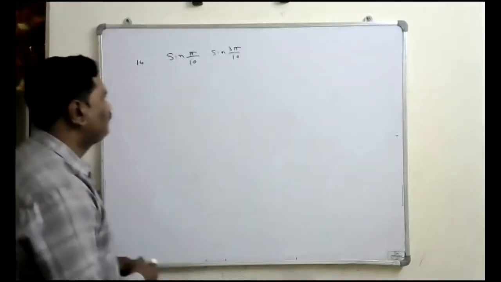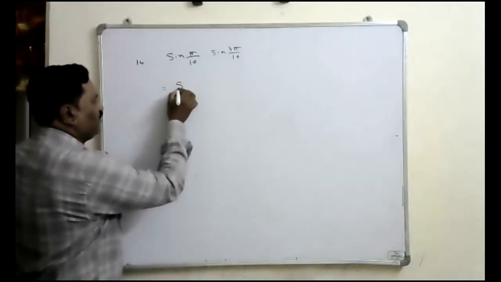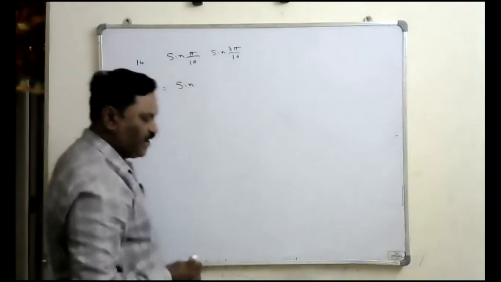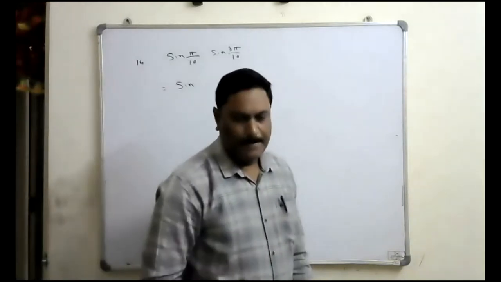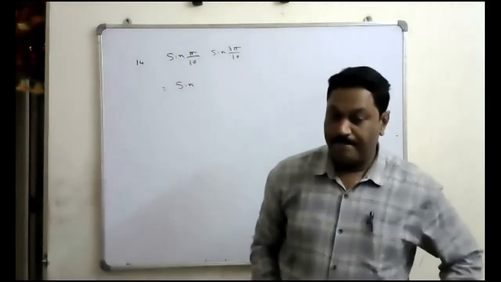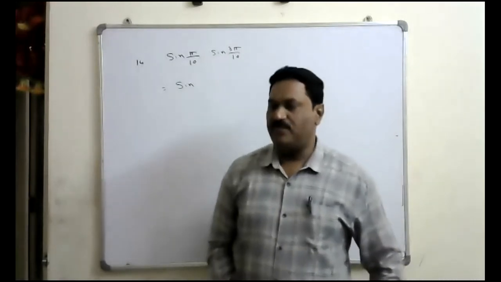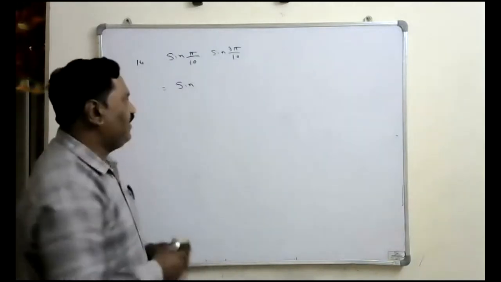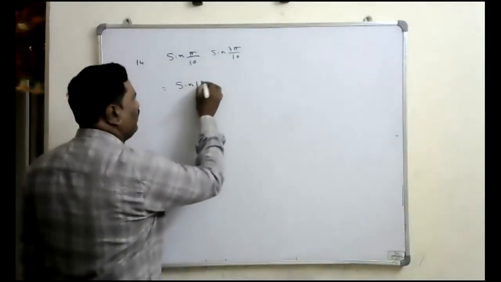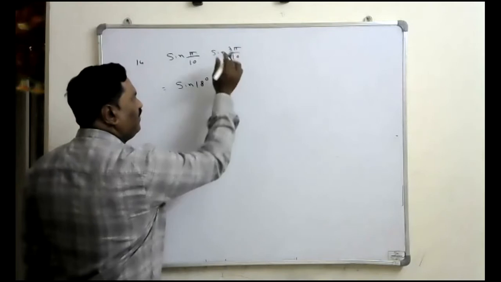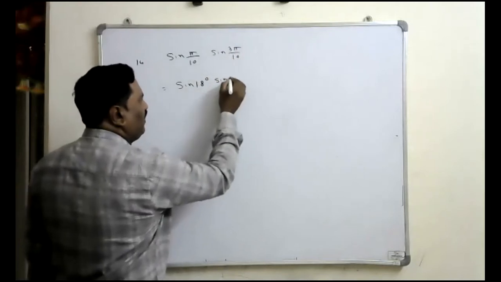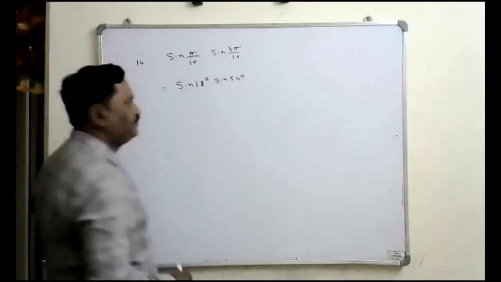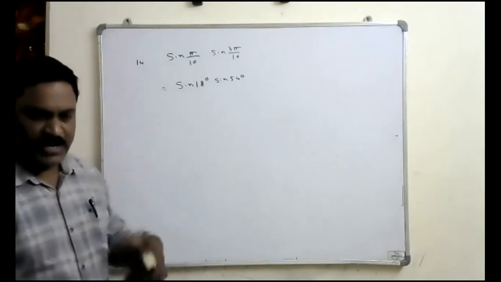Just observe here: sine pi by 10. Pi by 10 means what is the angle in degrees? Pi means 180, 180 upon 10, which is 18 degrees. So it is sine 18 degrees into sine 54 degrees, since 18 threes are 54. You have to find sine 18 into sine 54.